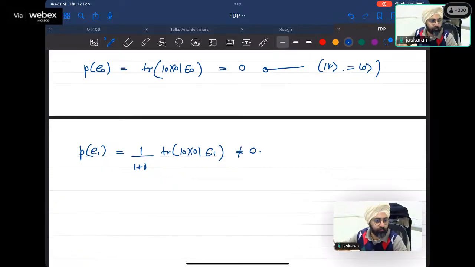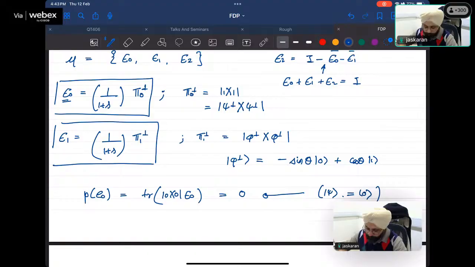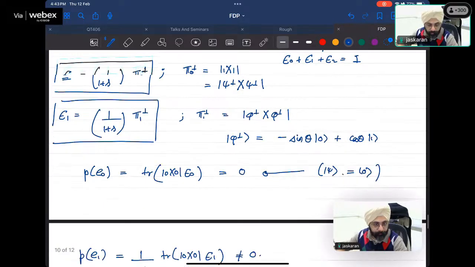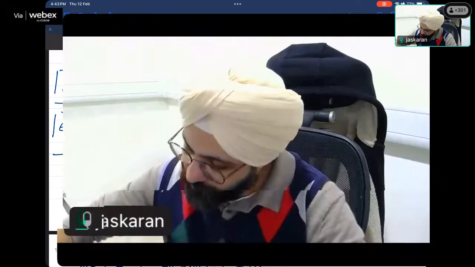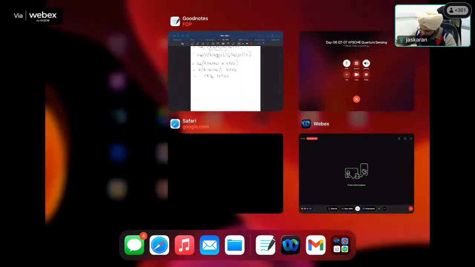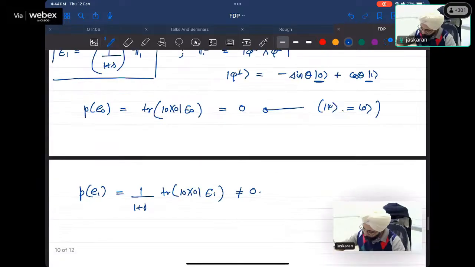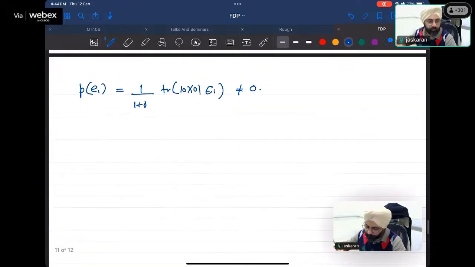The important point here is that this is not equal to 0, because E1 is proportional to a projector which is perpendicular to the state ket phi. It has the state which contains ket 0 and ket 1, both of them, so it will have some non-zero value.